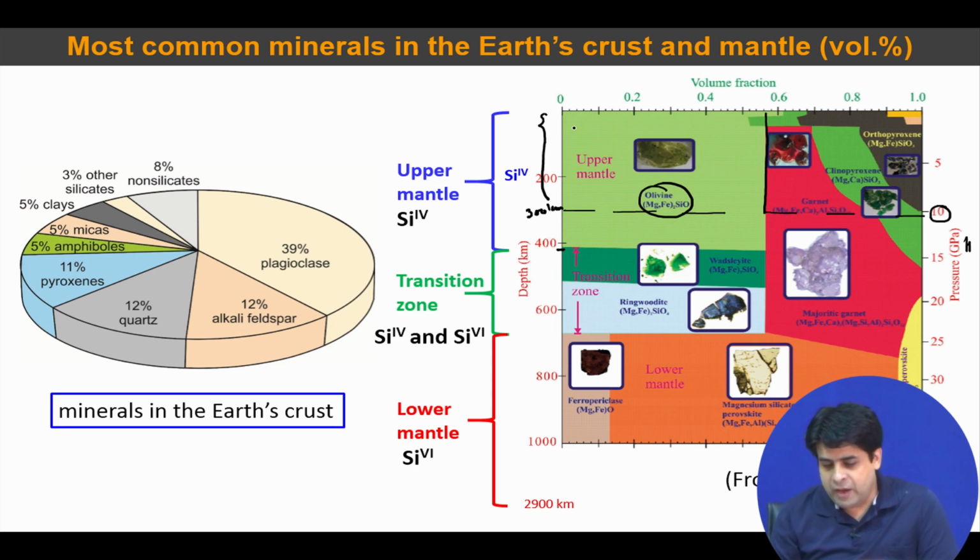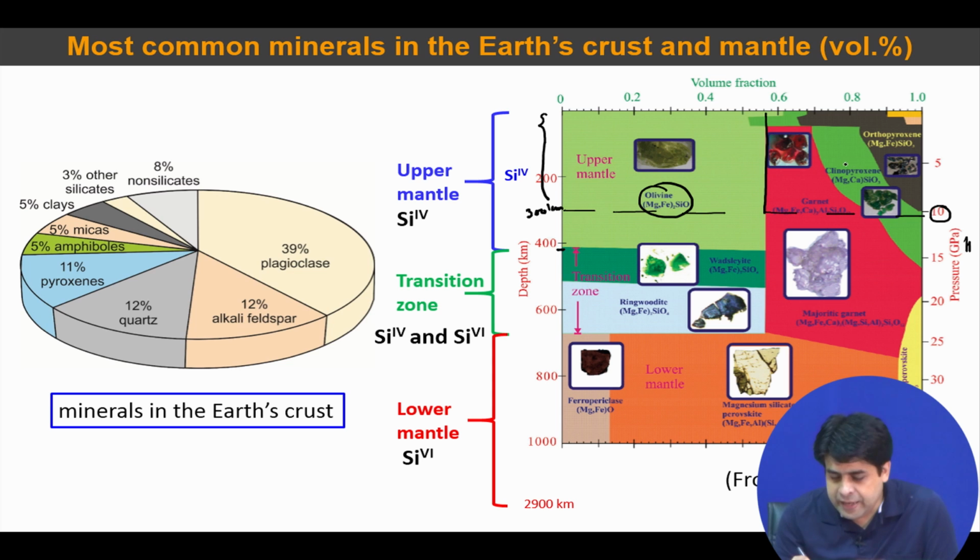Then you have almost 10%, or a little bit more when you go deeper, of garnet. Basically 12 to 15% of garnet is present in the upper part of the upper mantle.